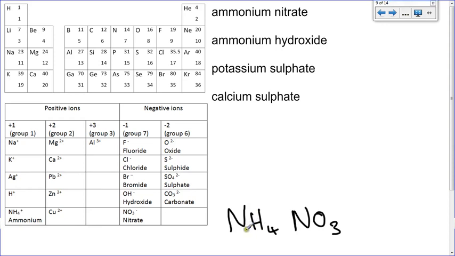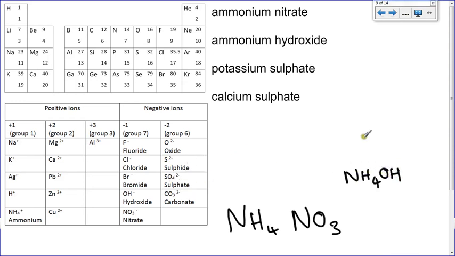It's a 1-to-1 ratio. This has given away 1 electron, that has gained 1 electron. Let's try another. Ammonium hydroxide, very similar. That is giving away one electron. Hydroxide only needs to accept one electron. So again, you've got a 1-to-1 ratio, ammonium hydroxide.